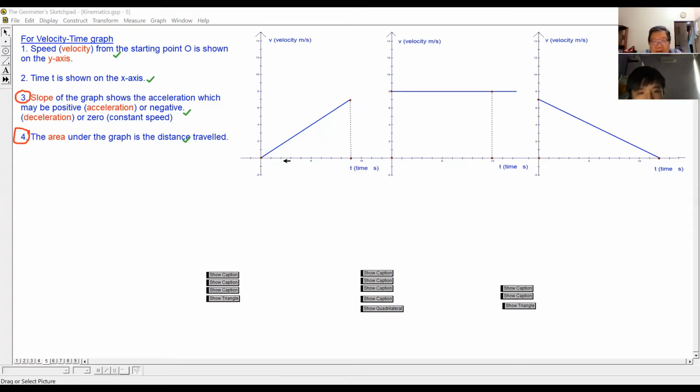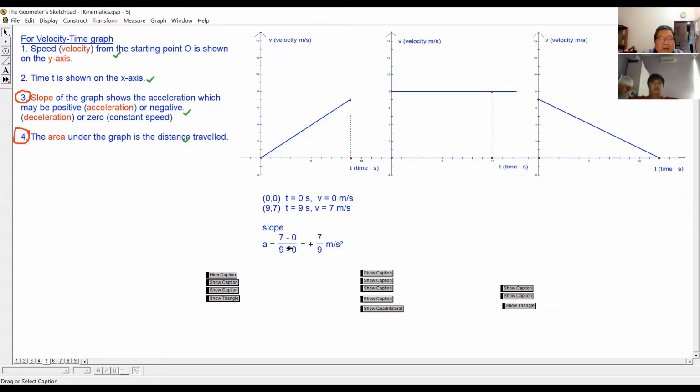As you increase the time, the velocity becomes bigger. So with a straight line like this, the velocity keeps on increasing. What does that mean?